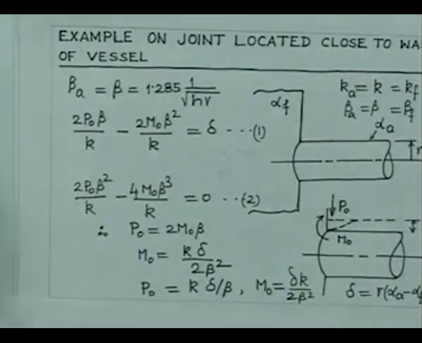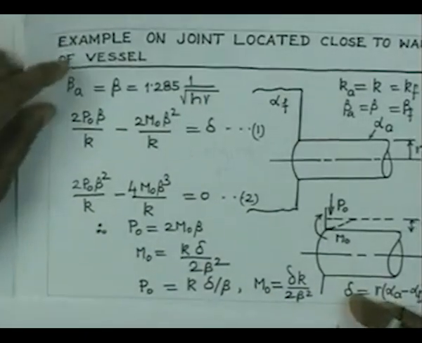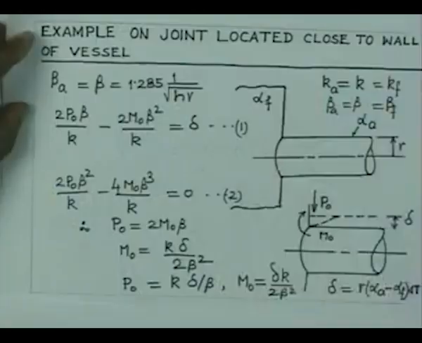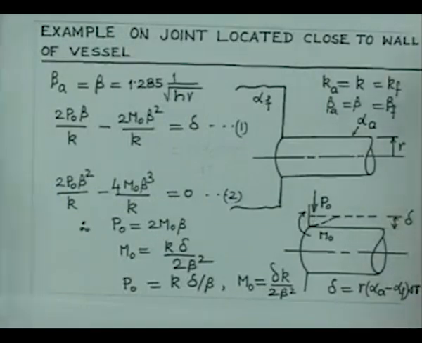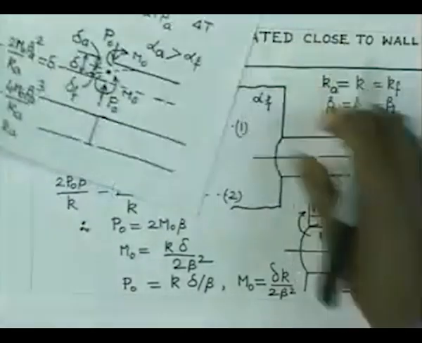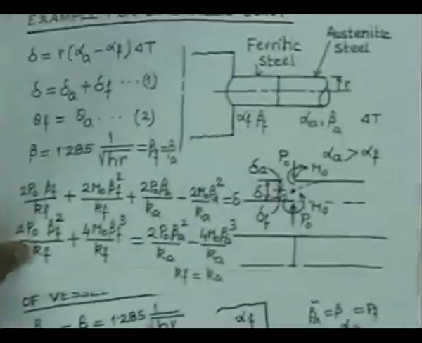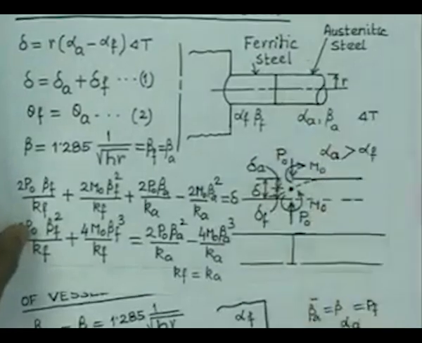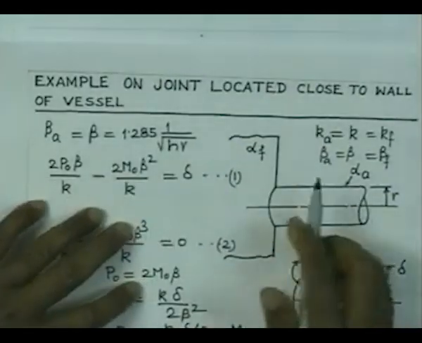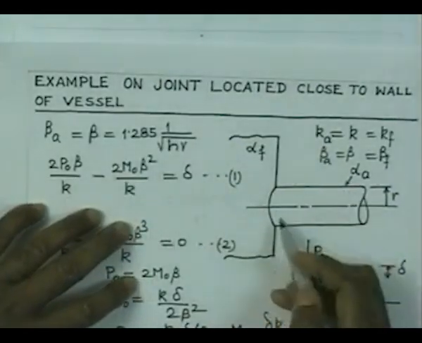Now, let us see what difference this makes from the earlier case. That is very interesting: we have two possibilities. We can make the junction as in the earlier case, wherein we had considered that the junction could be like this, or we have another choice, to make the austenitic steel extend up to the vessel and have this junction. Now, look at the differences in the forces.